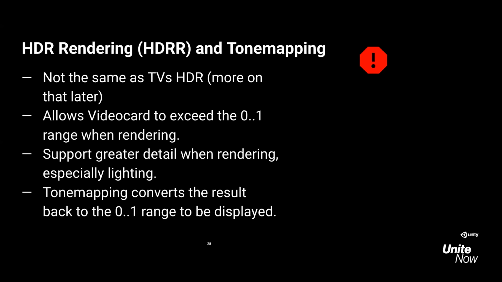But then we started to have HDR rendering. HDR rendering is the ability of the video card to go beyond the 0 to 1 range. In technical terms, now we have a floating point back buffer instead of a normalized buffer. So what's the difference? Greater precision.